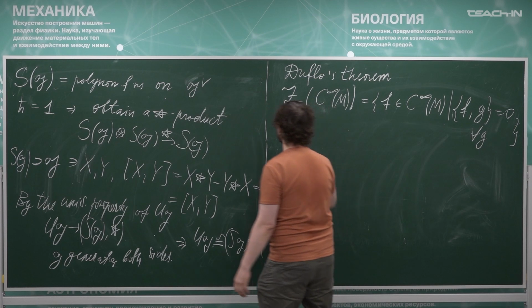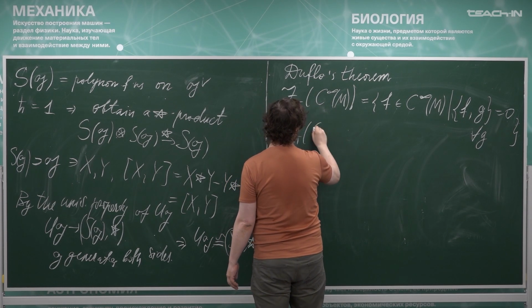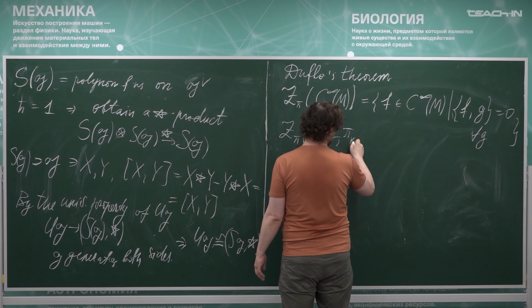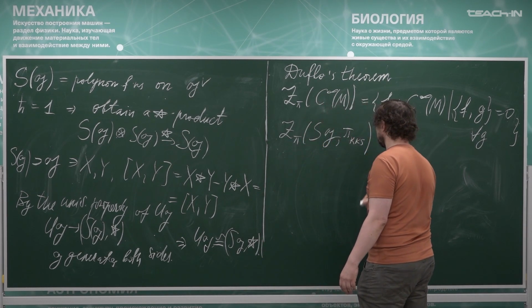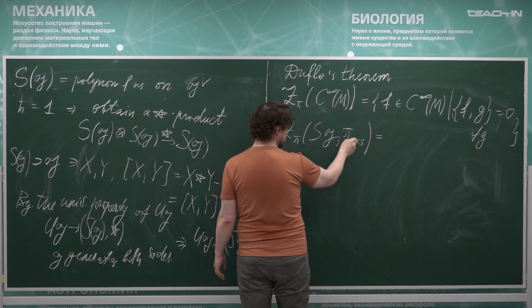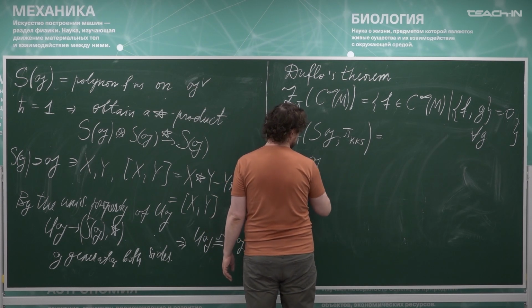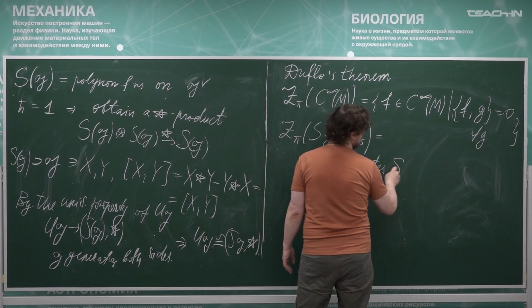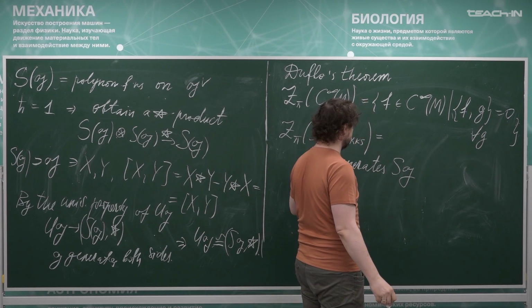In particular, it is easy to describe the Poisson center of SG with respect to the KKS bivector. Namely, since SG is generated by G, an element is in the center if and only if it commutes with every element from G.